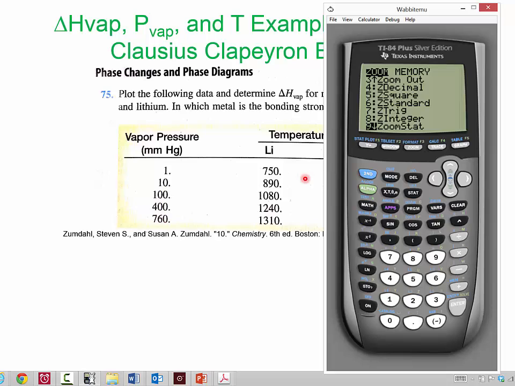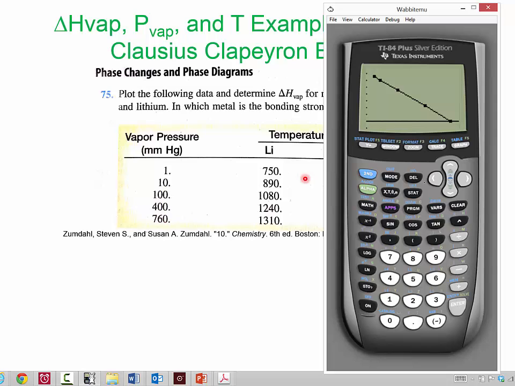What this does is the calculator will auto adjust in order to fit the graph to what we need. So I'm going to hit enter. Okay, and now we have our nice linear relationship. If you noticed, our data points were very, very small, so that's why our graph was really zoomed out.